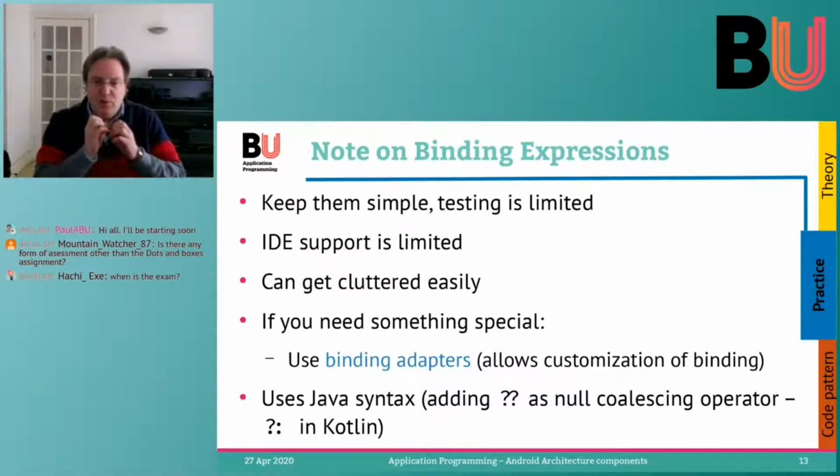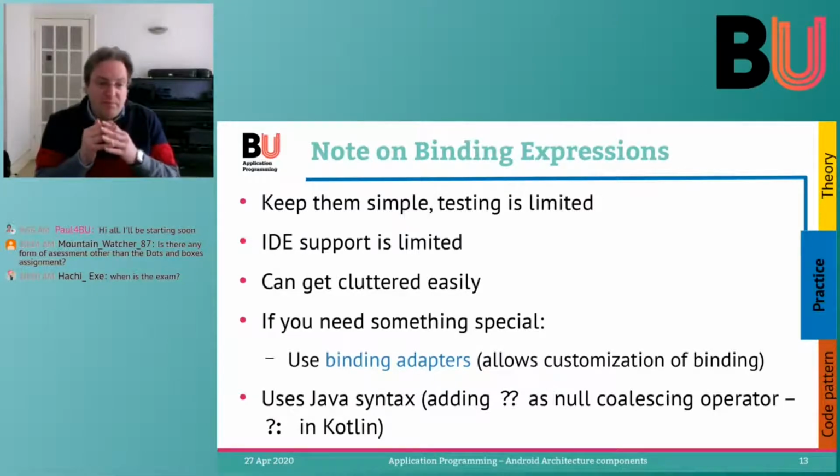What you do want to take into account is that you don't want to put lots of complex code into your layout. What you want to do is keep these things simple. Keep the layout clean, and if you need a complex property, you want to make it work that way.